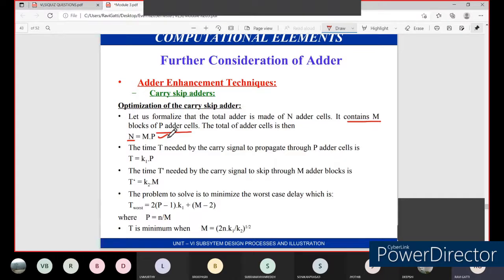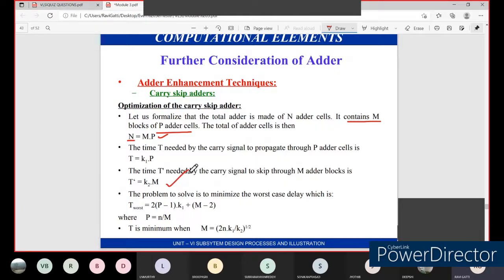K2 is the skip we have considered, the carry skip from one block to another block. Therefore the time needed for the carry skip through m adder blocks, the time needed to skip the carry, is represented by the equation P' = K2 × m.